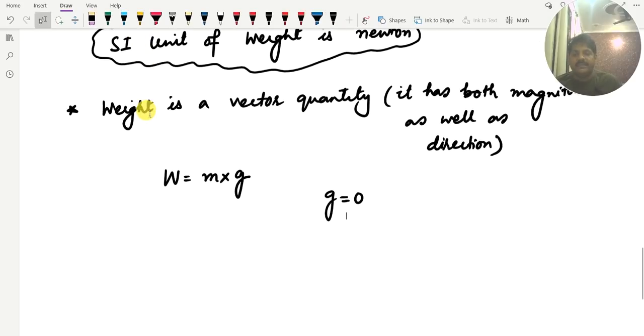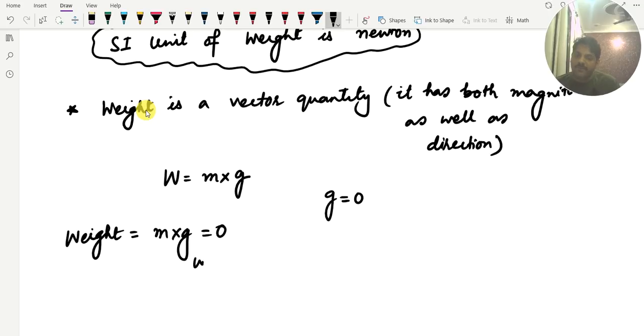So weight is equal to 0. Weight is equal to m into g, which is 0 when g is equal to 0, because mass can never be equal to 0. So mass is never 0, g can be 0. So if g is equal to 0, weight of the body can be 0.